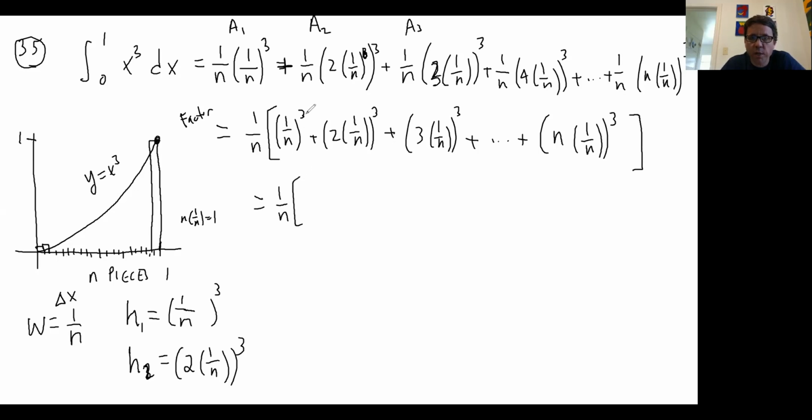All right, what else can we do? We could cube everything. So this would be 1 cubed over n cubed. I'll just get 1 over n cubed. The next one will be 2 cubed times 1 over n cubed. So I can cube the 2 and I can cube the 1 over n. Then I can cube the 3 and I can cube the 1 over n.